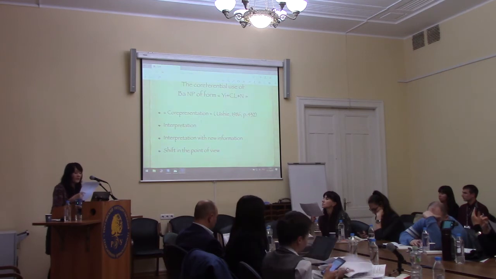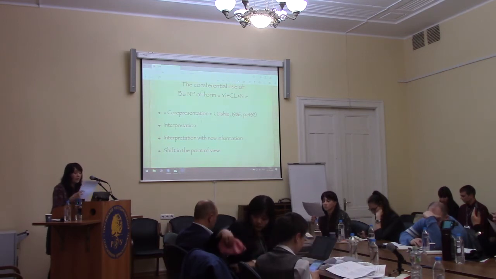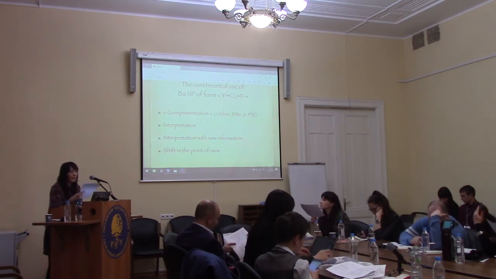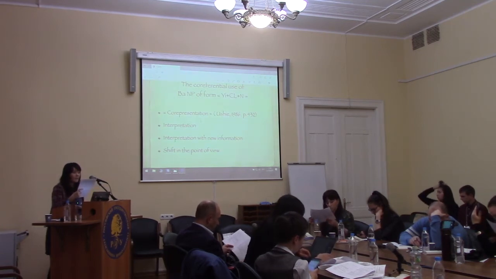And for example 17, the co-referential use of the noun phrase is not due to interpretation, like examples 15 and 16, but to another factor. It is the shift in the point of view.